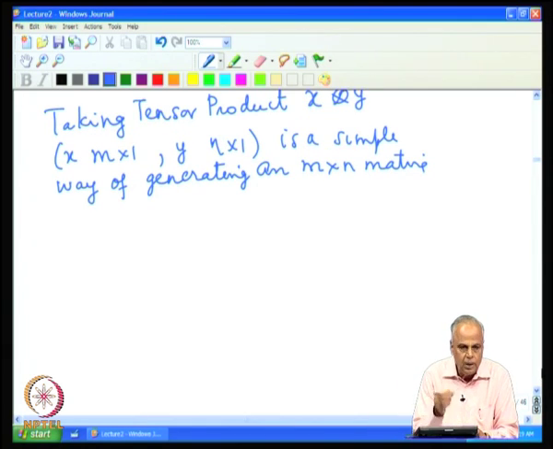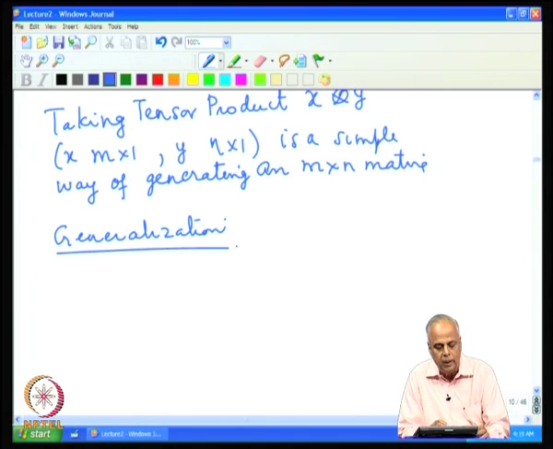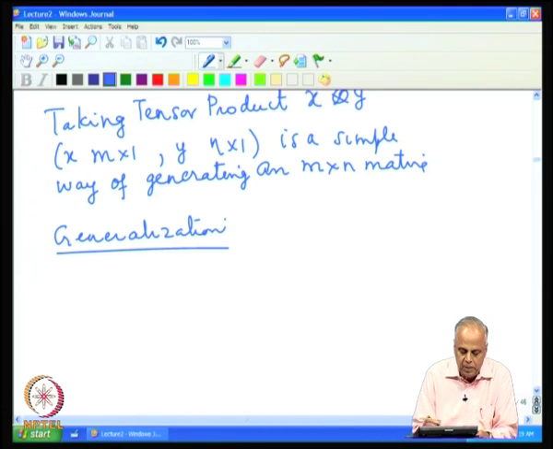Now, let us push this construction a little further. A further generalization: instead of taking one x vector of m by 1 size and a y vector of n by 1 size, let us take a number of them and put them together. So, what do we mean by this?